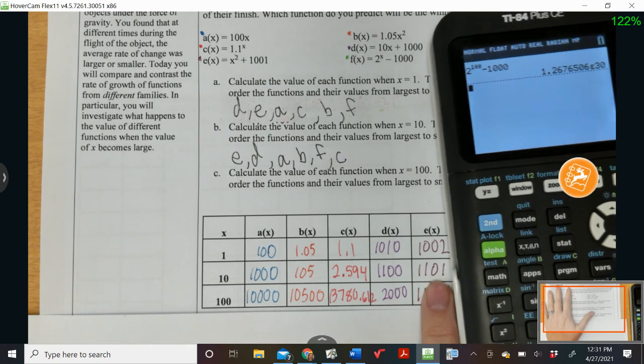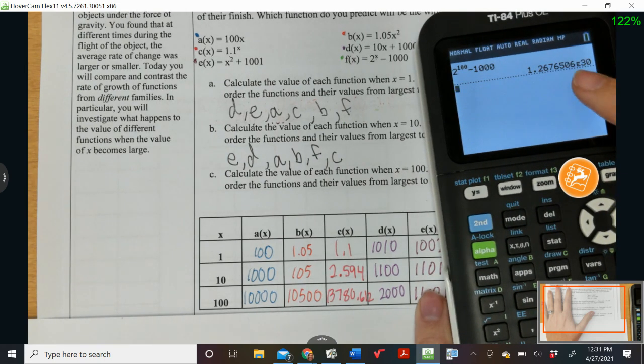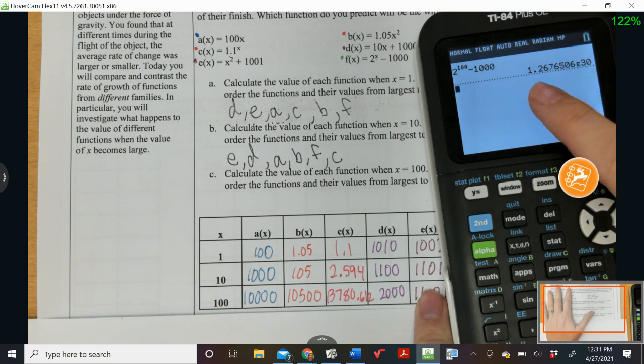And I got this number. Okay, E. So E to the 30th means scientific notation. So we're multiplying by 10 to the 30th power, which means my decimal is supposed to move 30 places this way, which according to someone who told me today, is a quintillion. This is a huge number. It's really, really big.